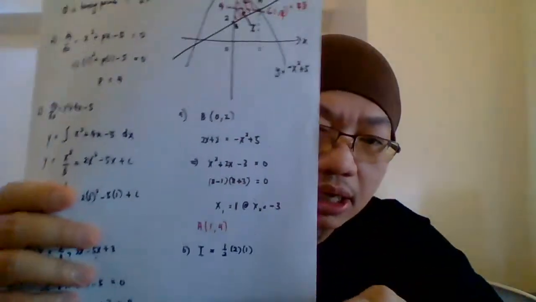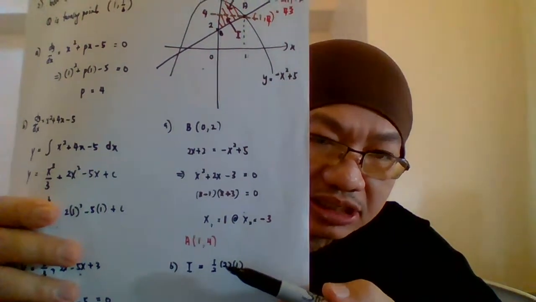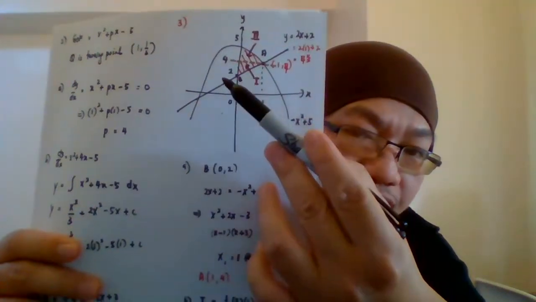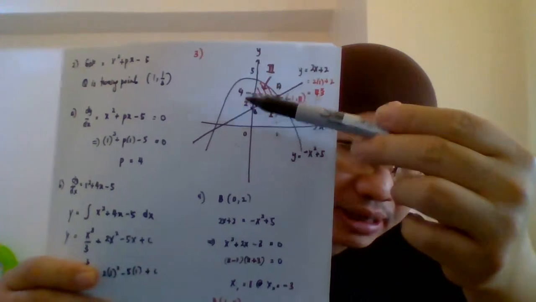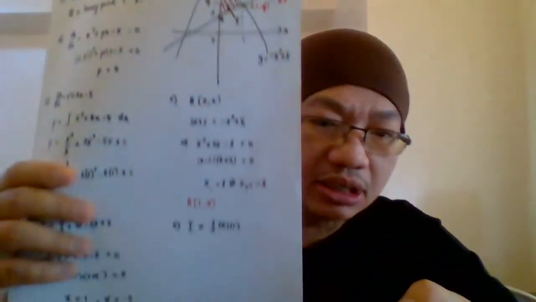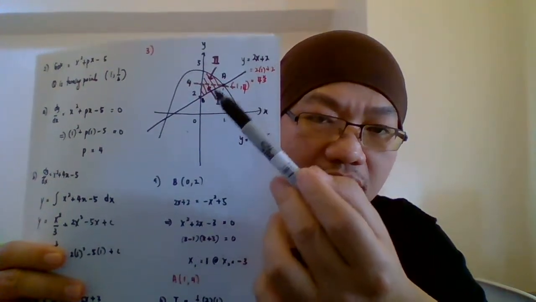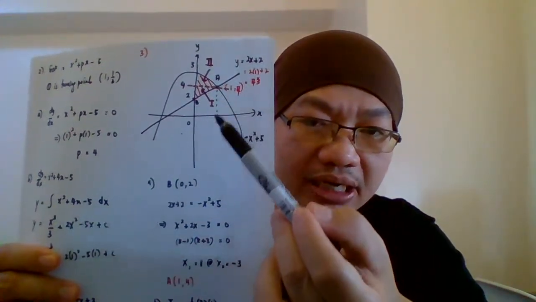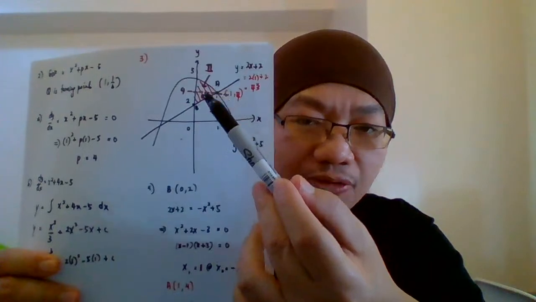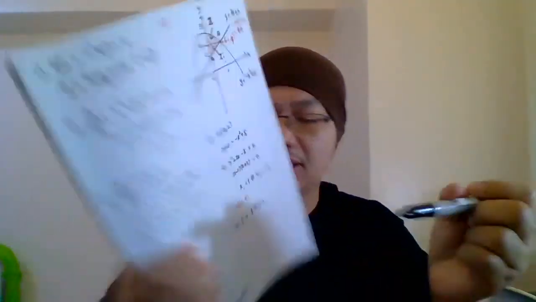And then the height is 1, because based on the diagram here, the coordinate is 0 to 1. Now you calculate: the first region is 1 over 2 times 2 times 1, which is 1. Settle. That is the first region.